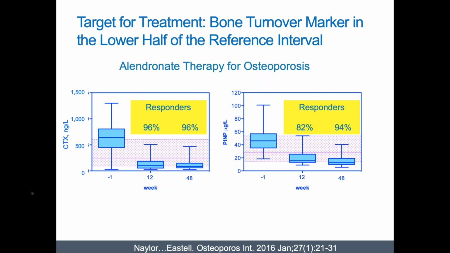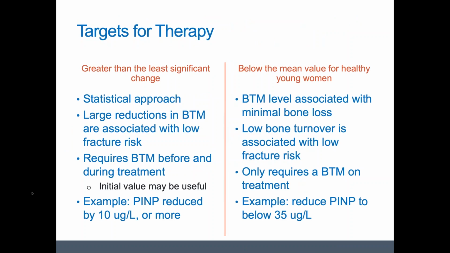So when we summarize this as the approach we should take, we can have two targets for treatment. One is to exceed the least significant change, which is a statistical approach, and it relates to the fact that large reductions in bone turnover markers are associated with a low fracture risk, as I've shown you.